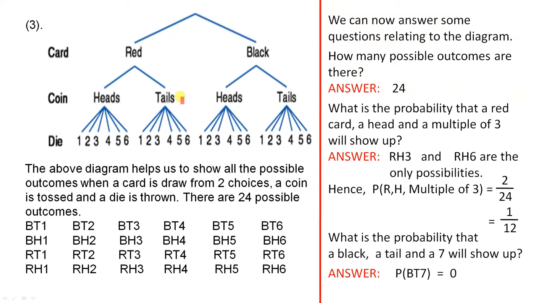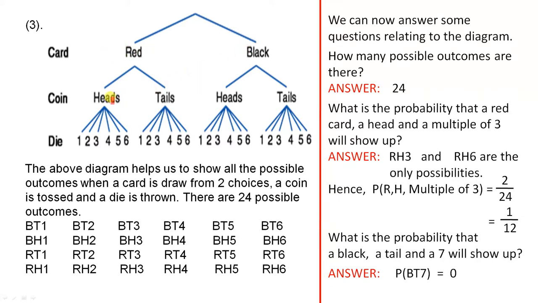Number 3. The above diagram helps us to show all the possible outcomes when a card is drawn from 2 choices, a coin is tossed, and a die is thrown. So basically, we have 2 cards, one is red or black.